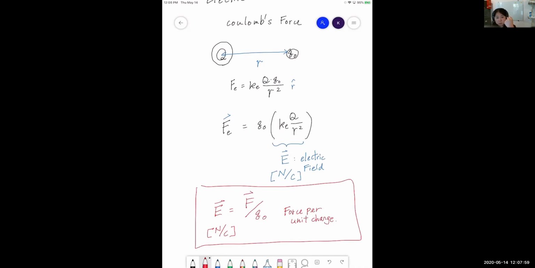Whenever you have a solo charged particle, it creates the field around it, so that when you bring another charged particle into the field, both of them start to feel the force. So this little q naught comes by in the field created by big Q, and then it feels the force.